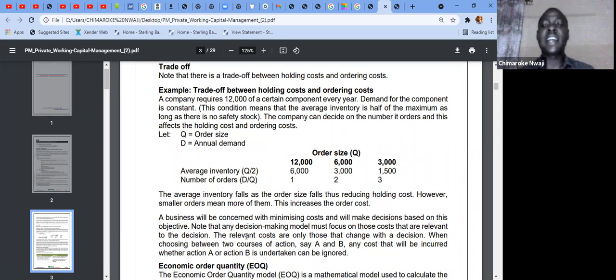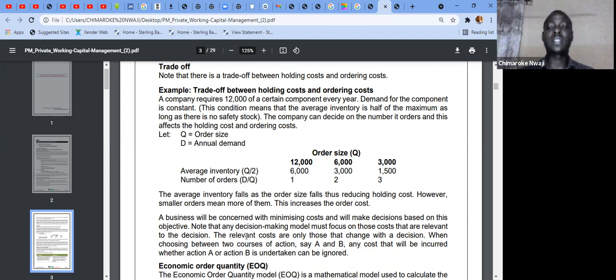If you decide that you are going to be making orders of 6,000 units per order, of course, it means you're going to make 2 orders to meet 12,000. And if 6,000 is your order size, it means your average inventory will be half of 6,000, which is 3,000. If you decide to make 3,000 units every order, you are going to make 4 orders.